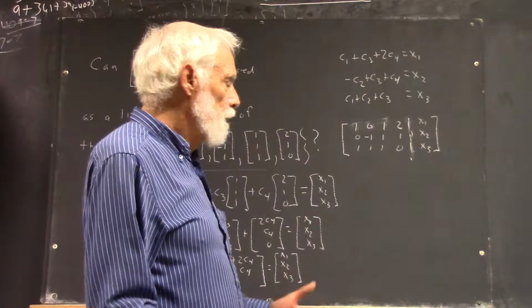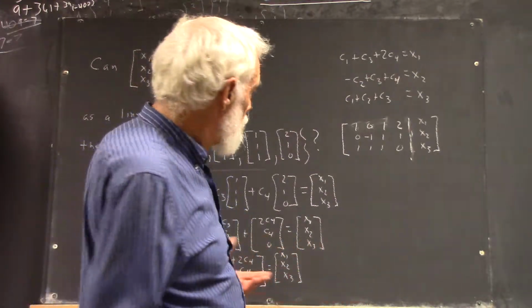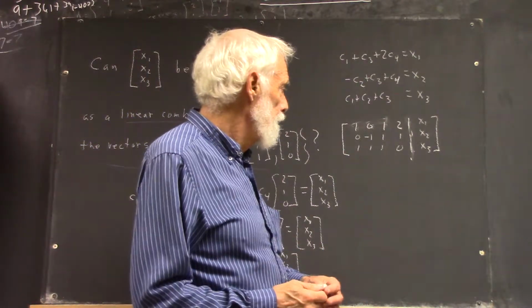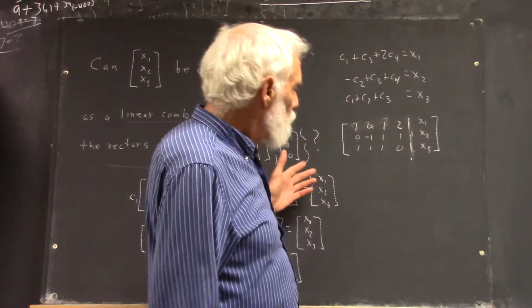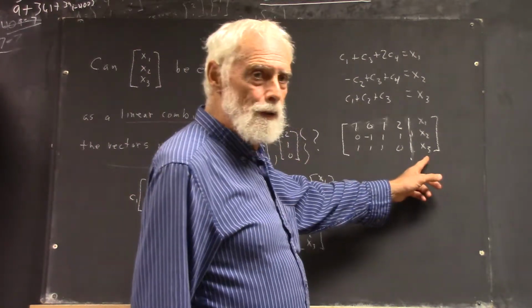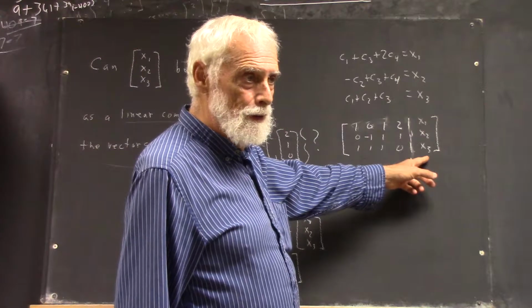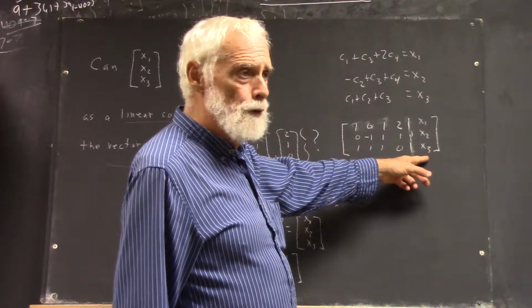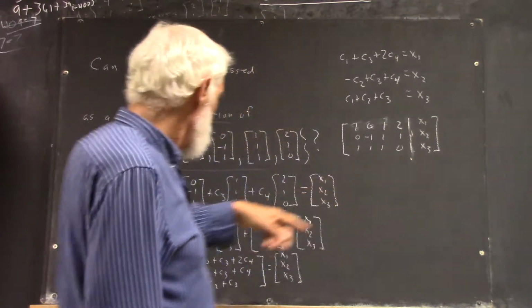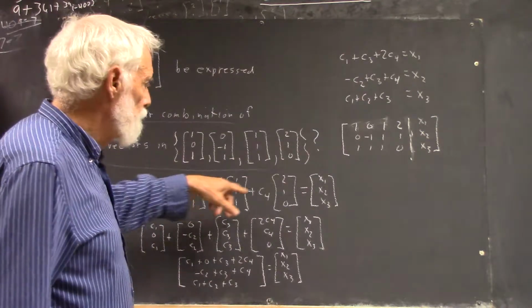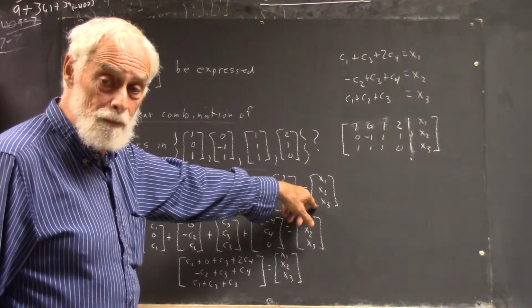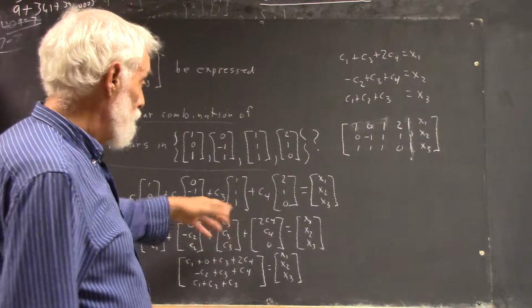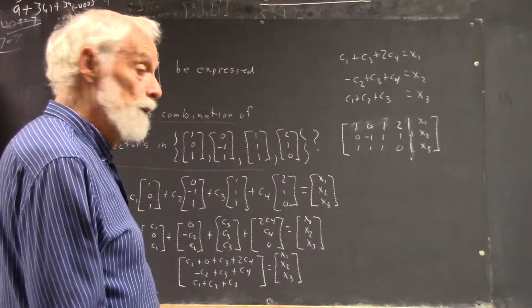And then we can predict what might happen. If we end up with a row of zeros and something over here that's not zero, we know there's no solution, so we're not going to be able to find a C1, C2, C3, and C4 that add up to x1, x2, x3.